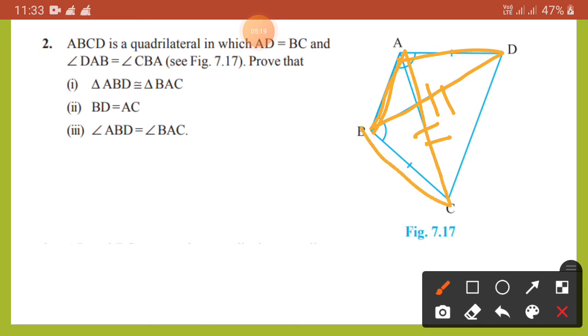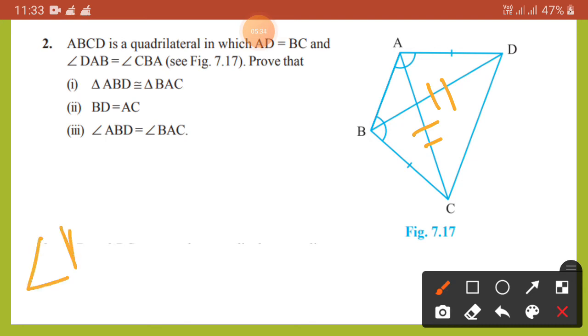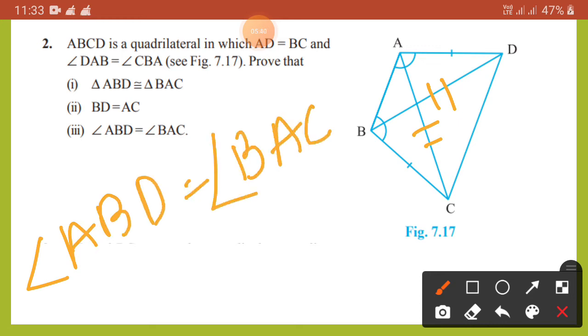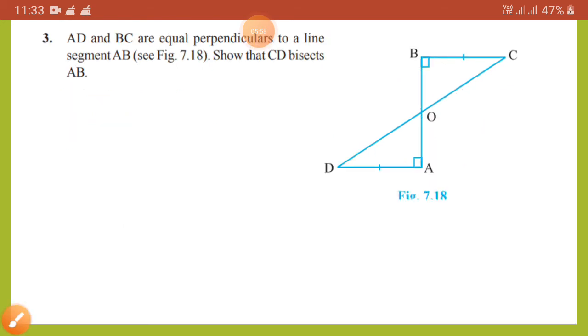So we can easily say that the corresponding parts are equal, that means BD equals AC, by CPCT. And also we can say that angle ABD is equal to angle BAC by CPCT, again corresponding parts of congruent triangles. ABD means this angle is equal to this angle. Okay, got it? So we proved all this. Go to the next question.